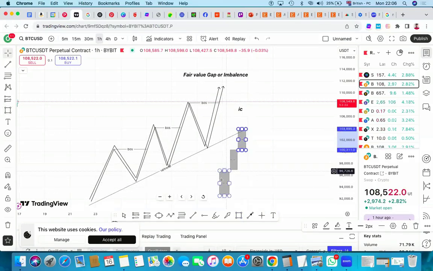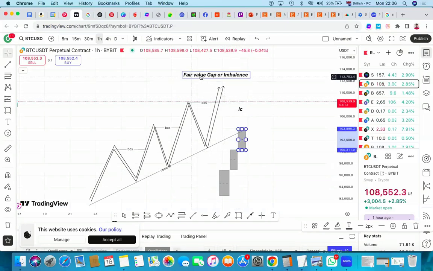So now for you to determine where you have your gap, because what we are looking for is imbalance and the gap, in this scenario you want to pick the first and the last candle, and the gap between them.